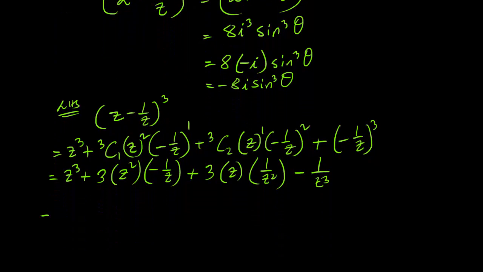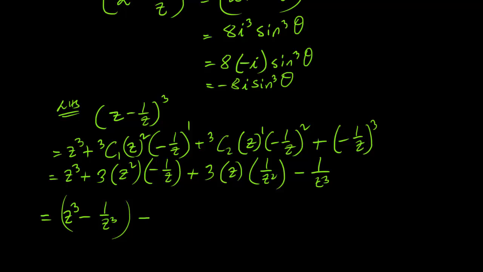So let's simplify this and bring all the similar format of z to the power n minus 1 by z to the power n together. This is z to the power 3 minus 1 by z to the power 3. So this is together. Plus, if we take 3 common, this turns out to be z squared divided by z. Let me simplify a little bit further before writing this.